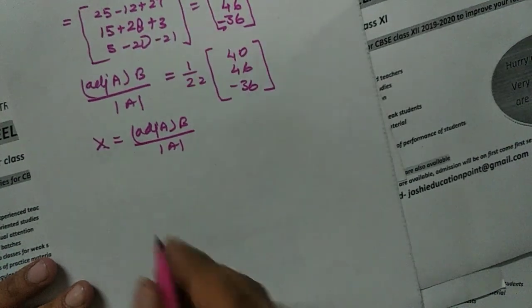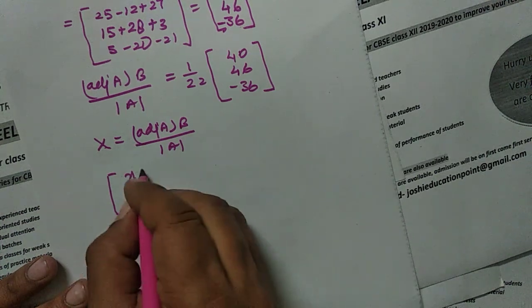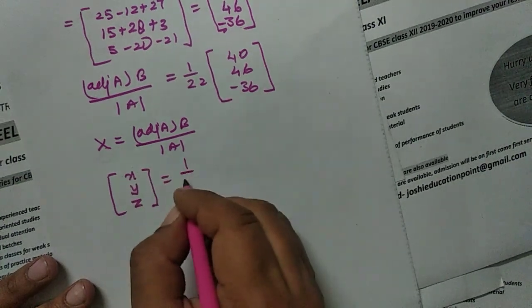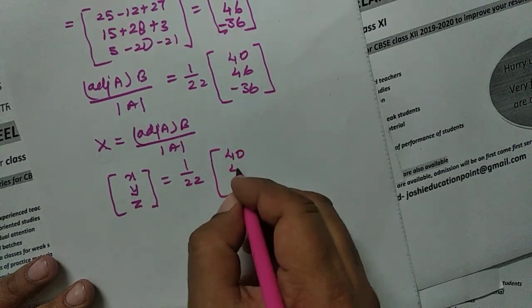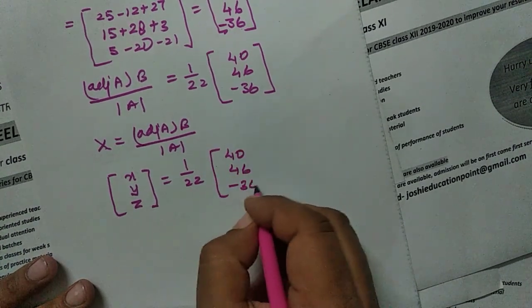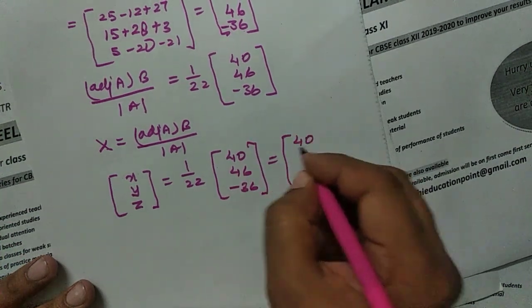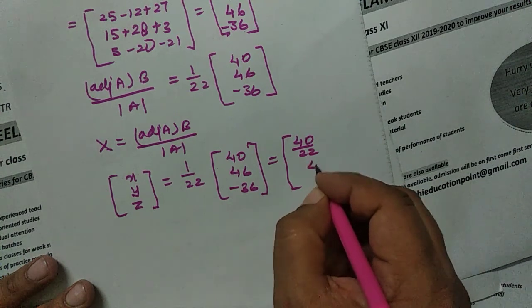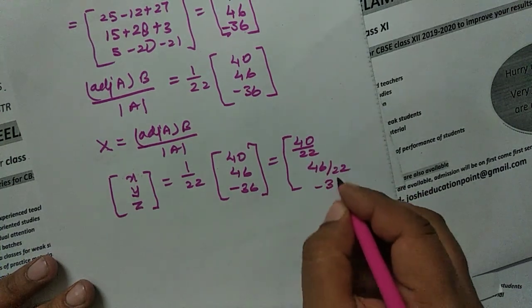So what is X? X is actually XYZ. So XYZ is equal to 1 upon 22 of 40, 46, minus 36, and that is nothing but 40 upon 22, 46 upon 22 and minus 36 upon 22.